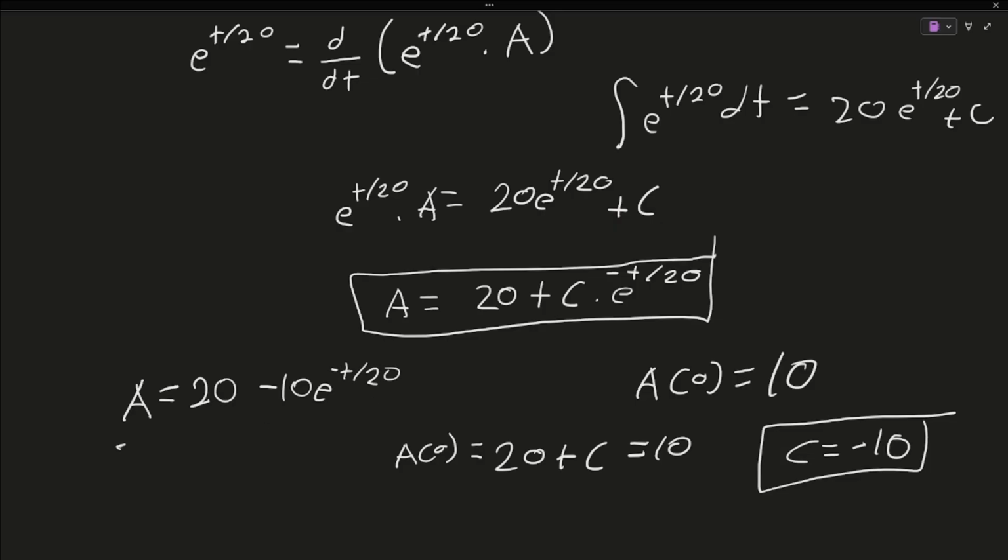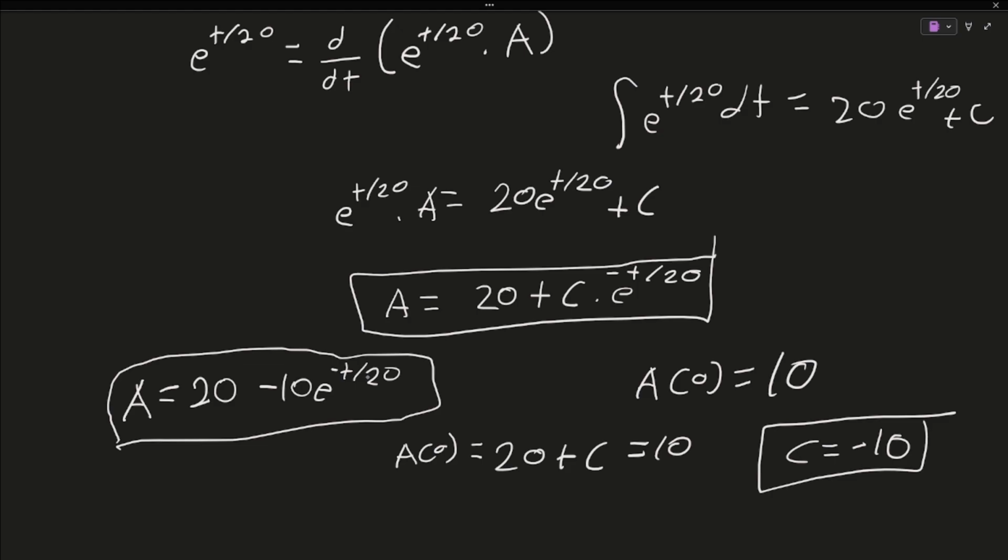And another important question is, what does this solution approach? As t approaches infinity, what will happen to this equation? Please think about this before you answer. What would happen if t approaches infinity? Stop this video and think about it.